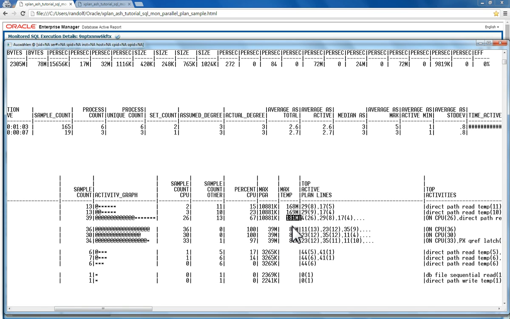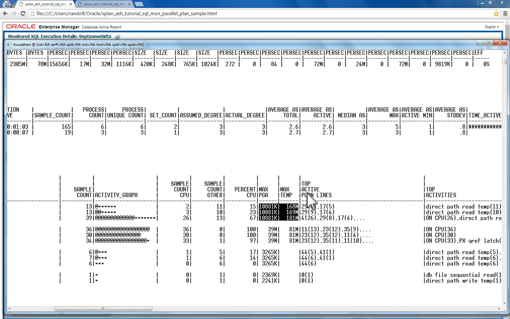This process here has allocated as a maximum allocation a little bit more than the other ones. These have a very similar allocation. And you always have to keep in mind this is based on the active session history samples, so it's not necessarily the real maximum value that was there during execution. It is just the maximum value that was found when the sampling took place.